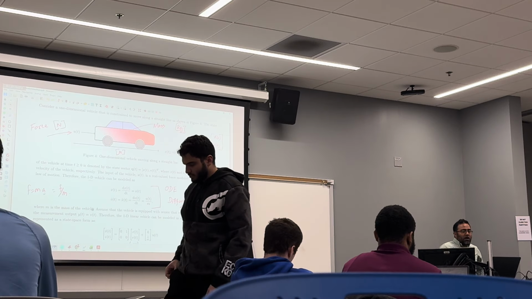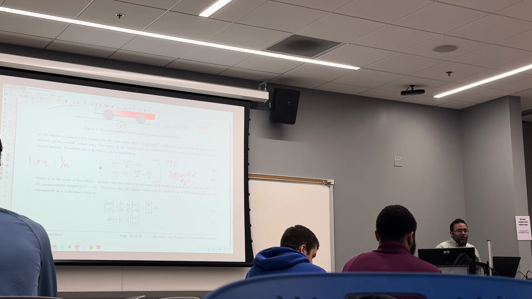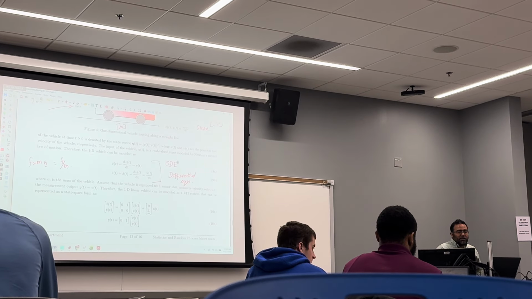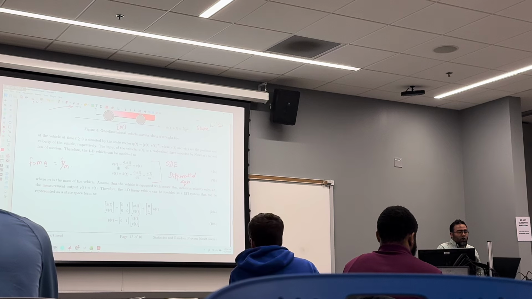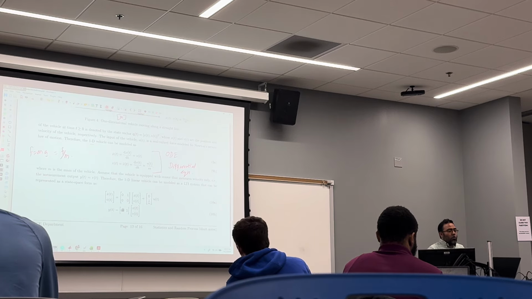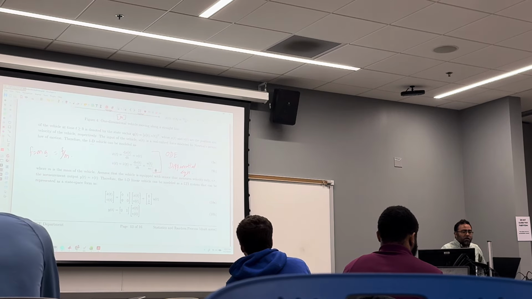Okay, so now you have the ordinary differential equation that models this one-dimensional vehicle. What you do is you take these two differential equations and put them in the form of a matrix.